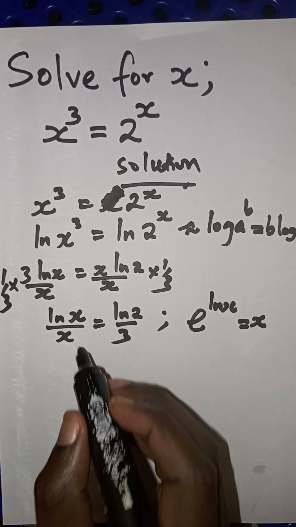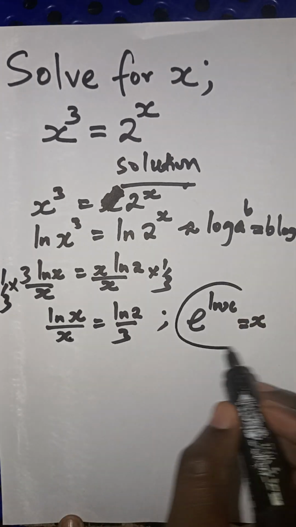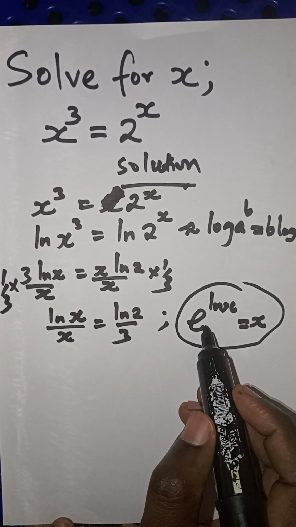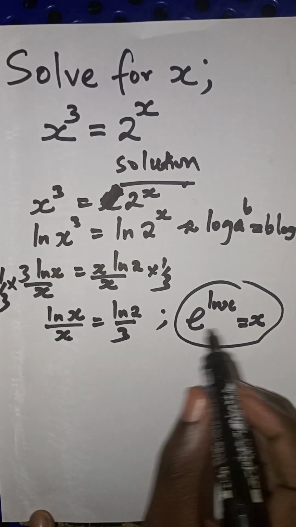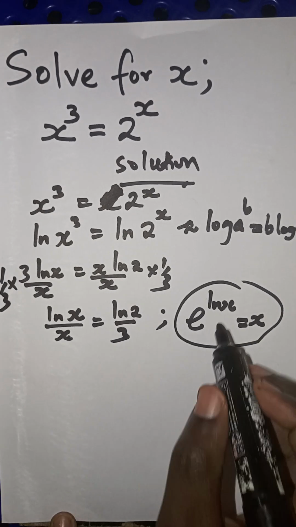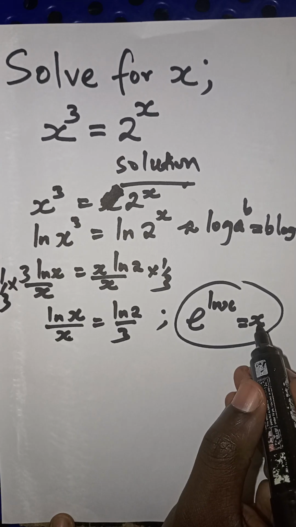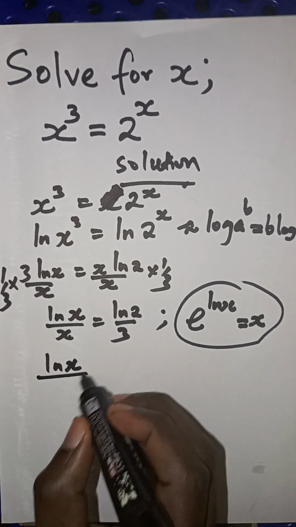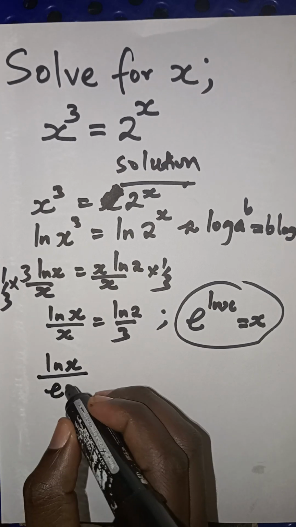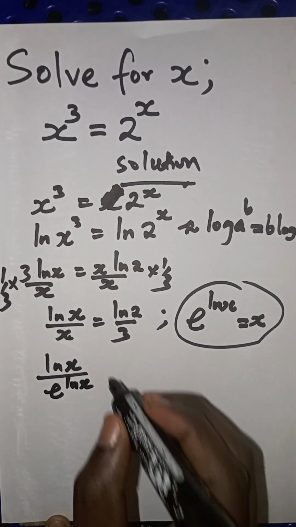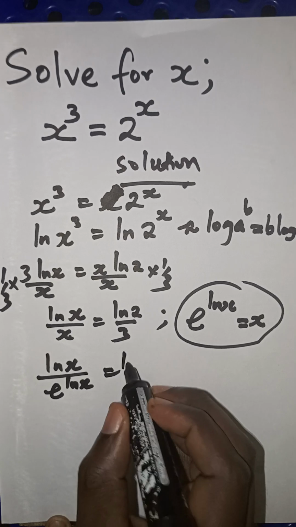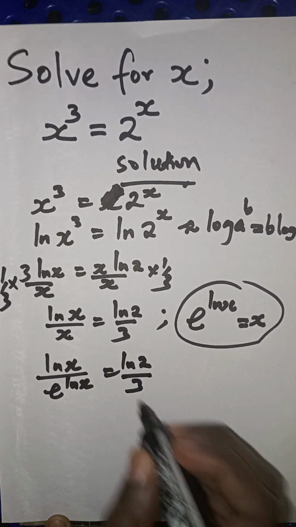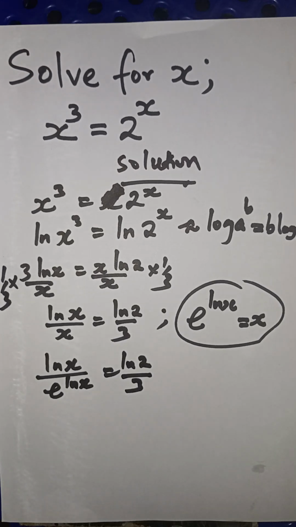So I'm going to write this x in terms of the exponent, because the exponent of the natural log of x is just x. So I'll write it as the natural log of x divided by the exponential of the natural log of x is equal to the natural log of 2 divided by 3.